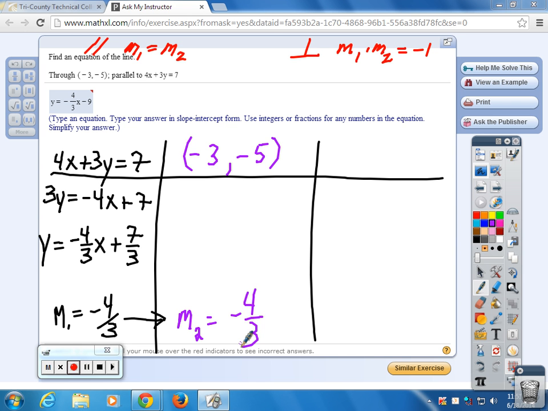And we'll make the last one orange. So what's m sub 3? For 3 over -4, 3/4, opposite sign, reciprocal.